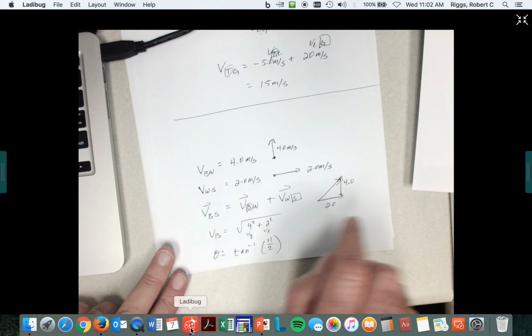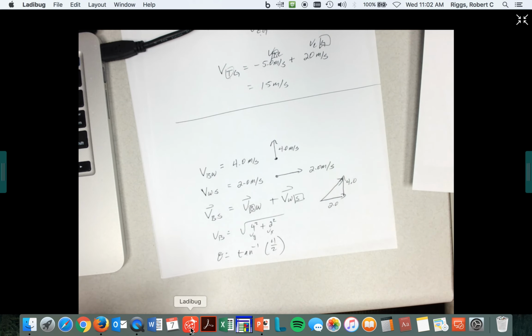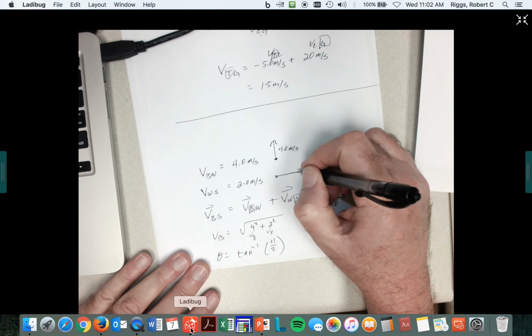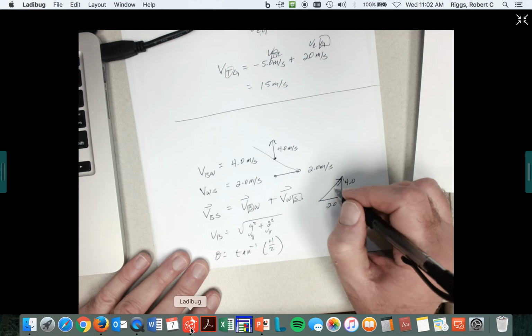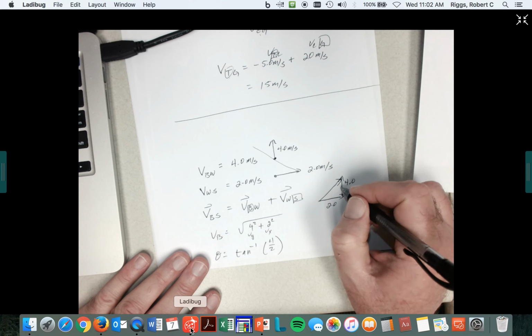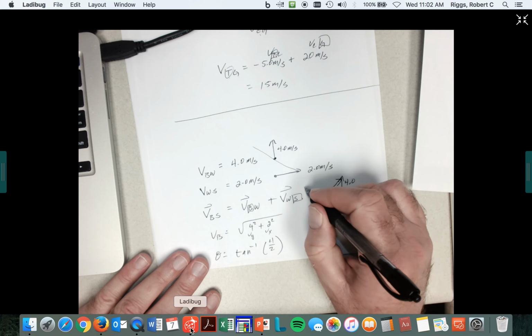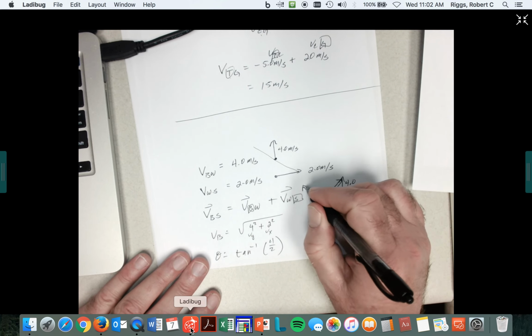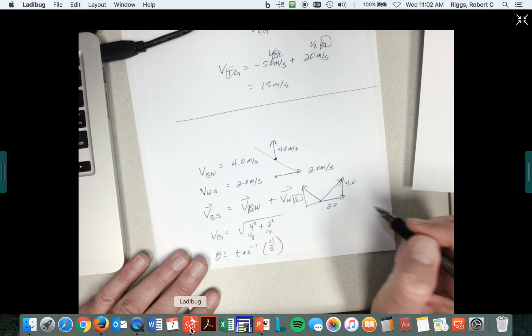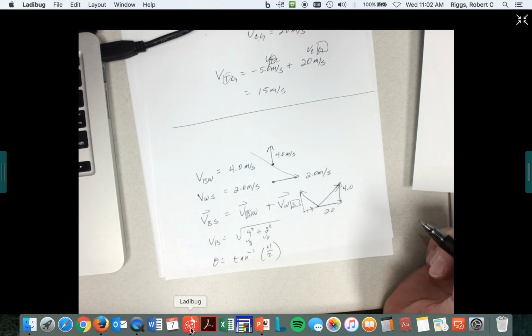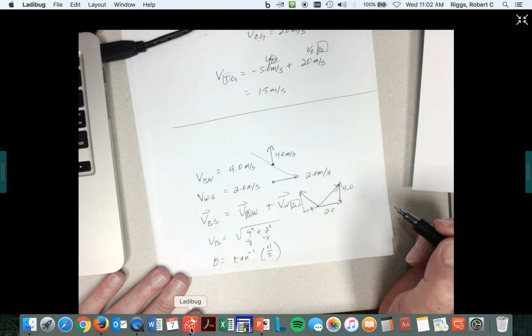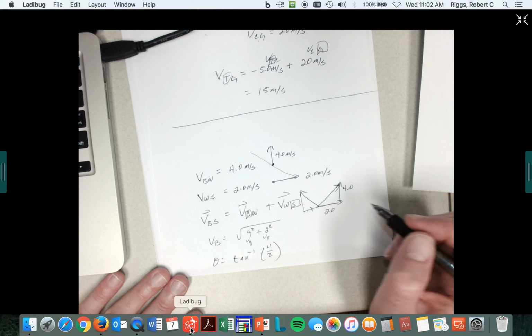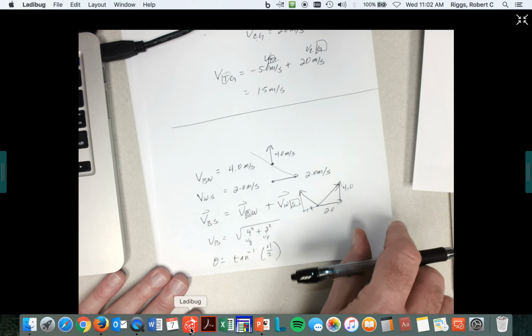As a matter of fact, unless he makes this correction, unless he goes this way to get rid of that part, this boat is definitely not going to be able to go straight across the river. Okay? All right, so that's a good problem.